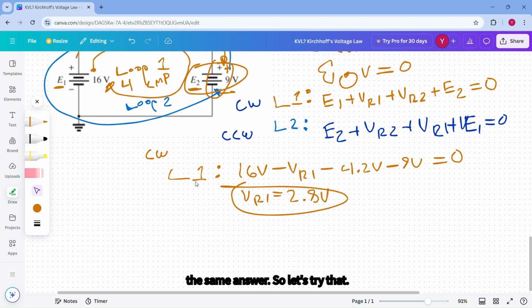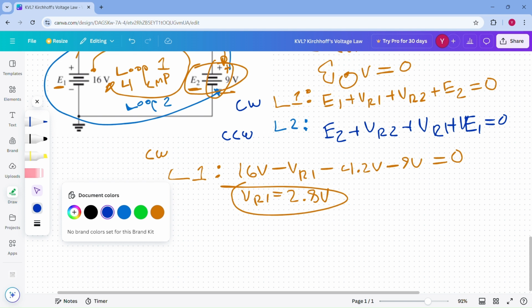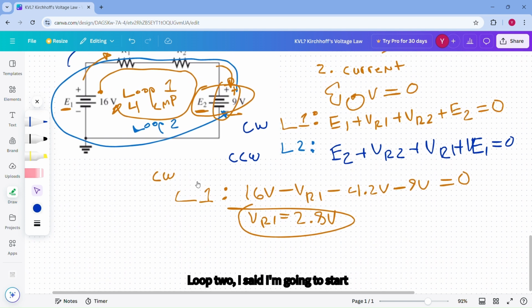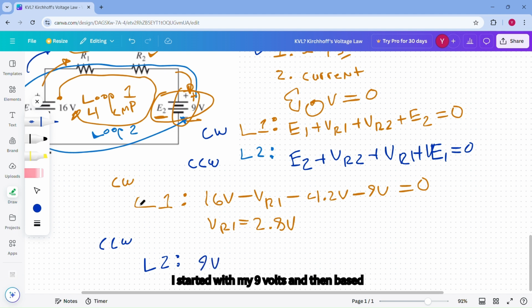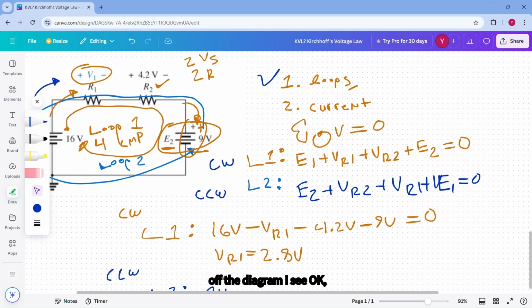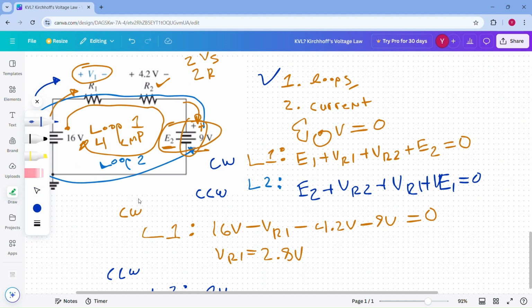And when I do loop 2, even if I go counterclockwise, I should expect to have the same answer. So let's try that. Loop 2, I said I'm going to start. Okay, so for this loop 2, once again, I'm going to be going counterclockwise. I started with my 9 volts, and then based off the diagram, I see, okay, this side is lower compared to higher.